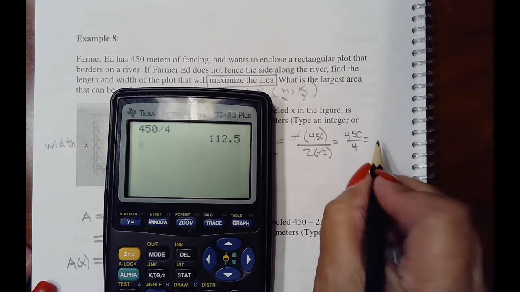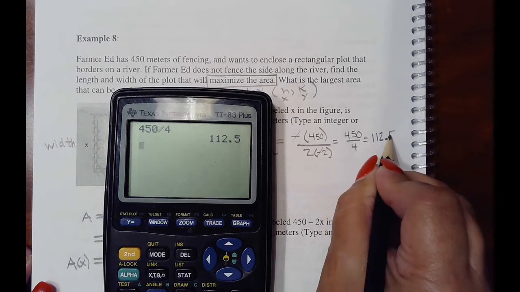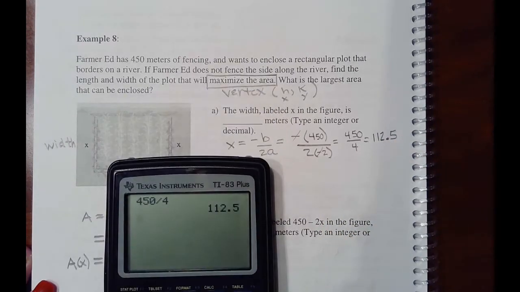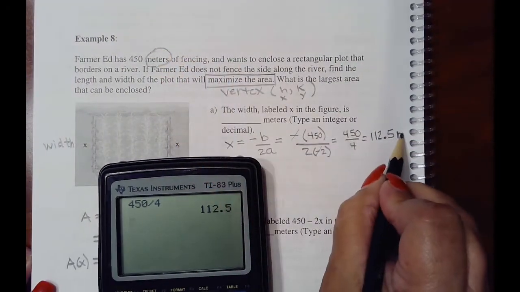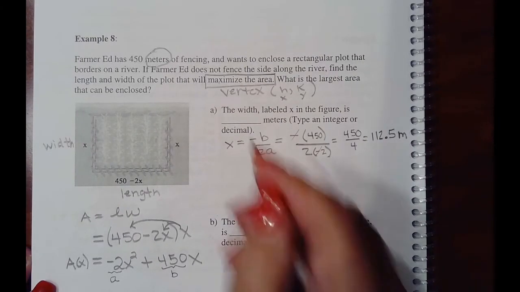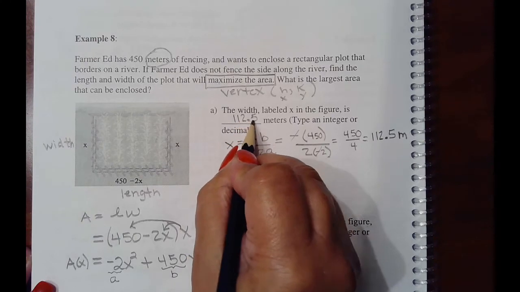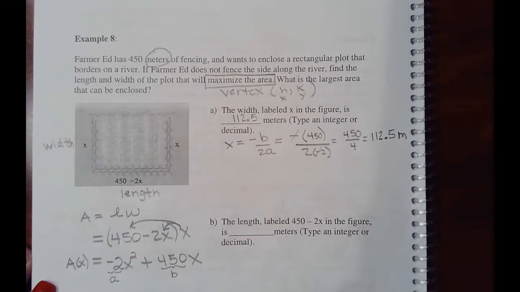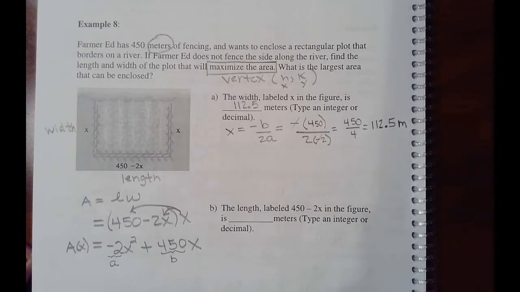And that turns out to be 112.5, and I believe we are working in meters in this problem. So this would be 112.5 meters. Then going on to part B. The length labeled 450 and then 450 minus 2x in the figure is how many meters?